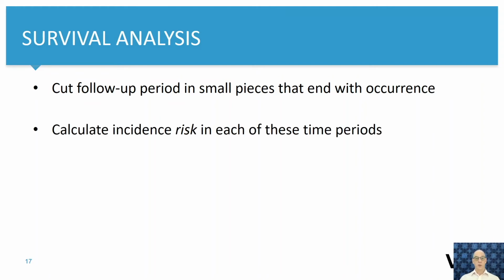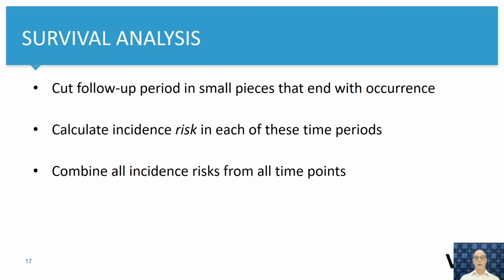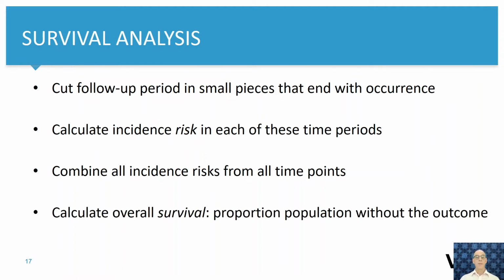And when there's an occurrence, for that observation period, I calculate the risk in each of these time periods. So the number of events divided by the number of persons at risk in that period. And the survival analysis then combines all these incidence risks from all time points and puts them together in an overall survival, which is the proportion of the population without the outcome.